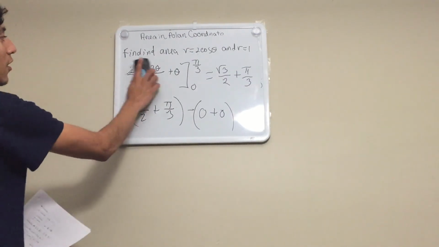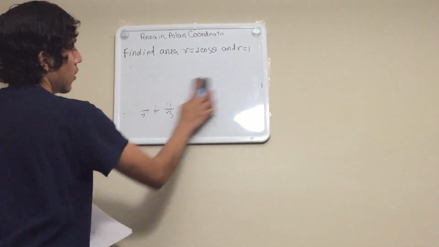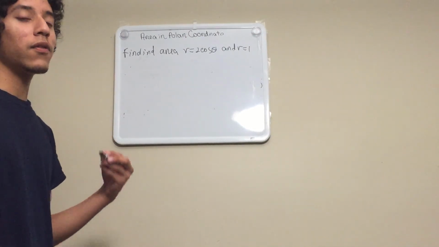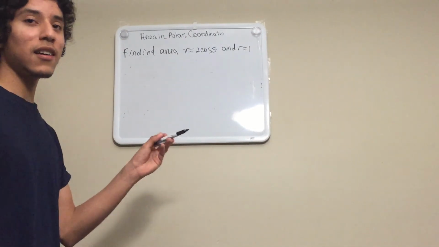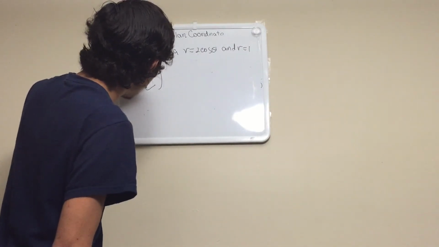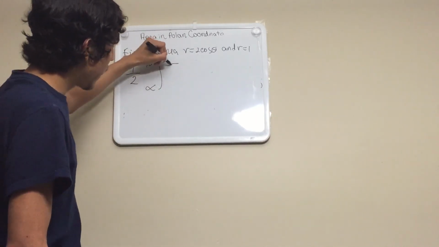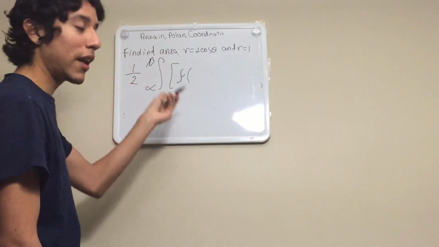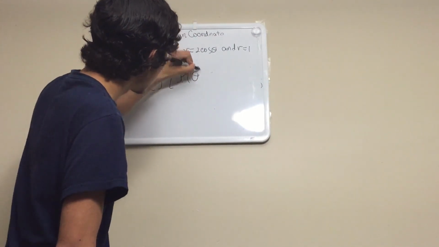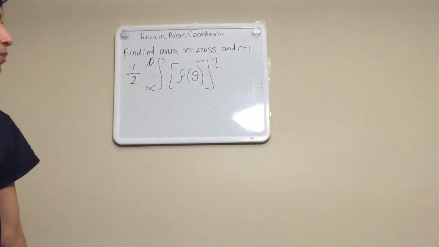And to conclude all of this, we just have to remember the formula that we learned, which is 1/2 the integral from alpha to beta of the function, and we have to square the function because it's part of our formula, and that's simply it.